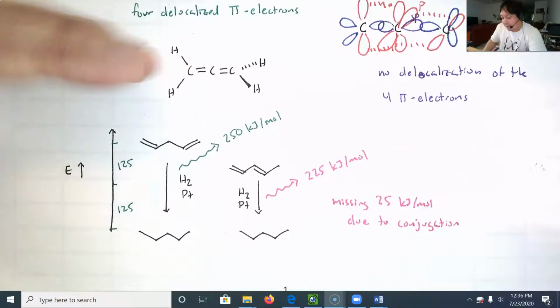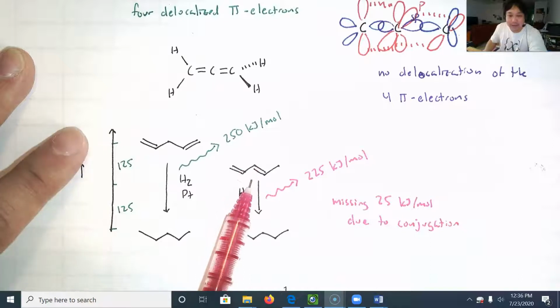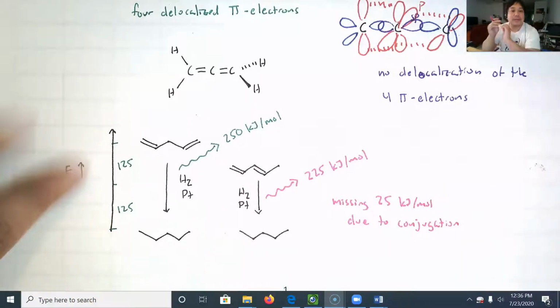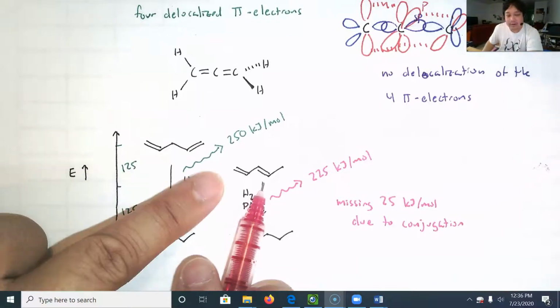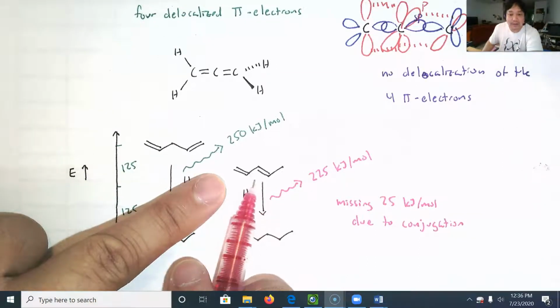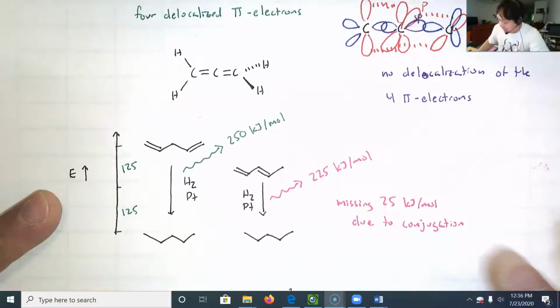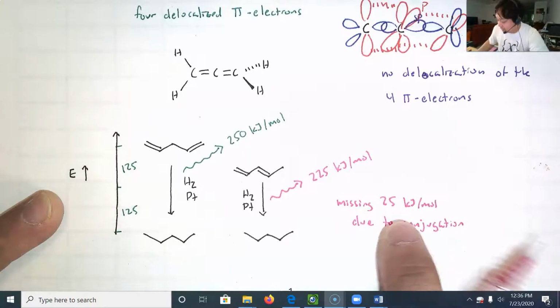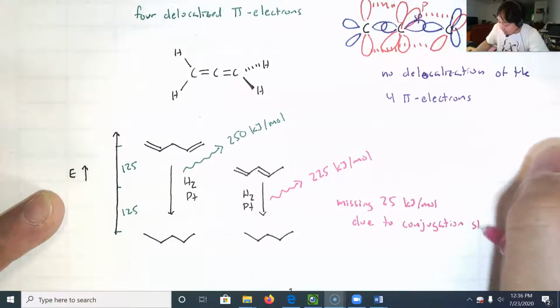Conjugation lowering from the theoretical height down to its actual height. Okay. So there's something going on between these pi bonds when you get them close together and you make them conjugated. You're gaining 25 kilojoules per mole of stability. Okay. So this 25 kilojoules per mole is due to conjugation stabilization.